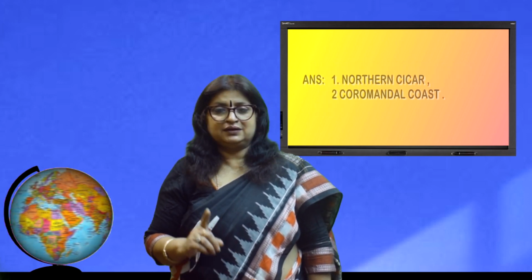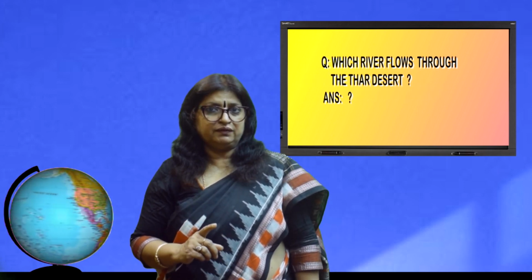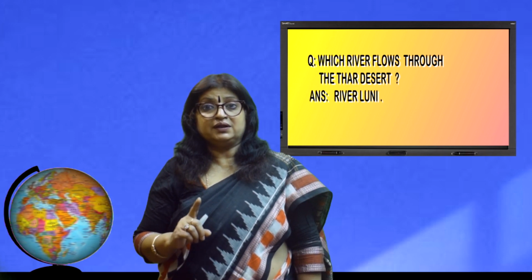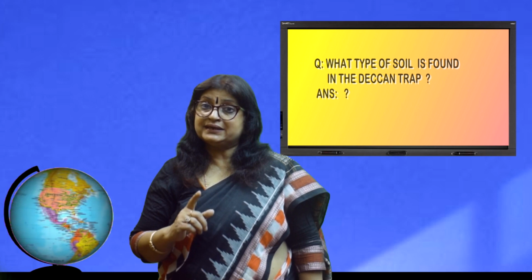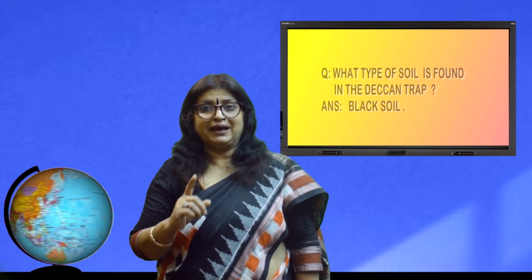Number 1, it is the Northern Circars, and the second one, the Coromandel coast. Can anyone tell me which river flows through the Thar desert? It is the only river there, the river Luni. What type of soil is found in the Deccan Trap? Right, the answer is black soil.